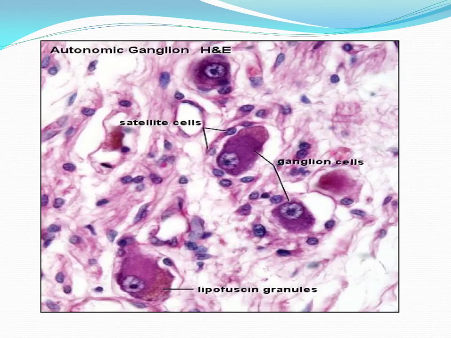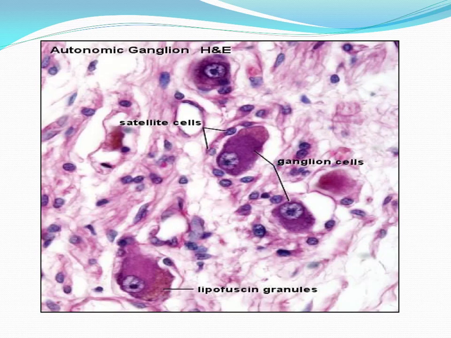Here another picture showing many important data. Here we have the nerve cell, and this is the nucleus, and this is the nucleolus. And this cell should be in a ganglion because it is surrounded by these low cuboidal cells called satellite cells, so it is in a ganglion.